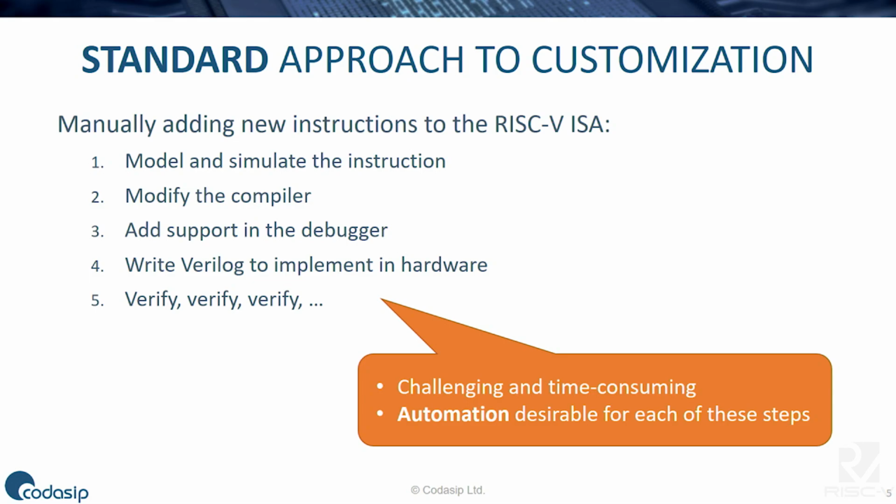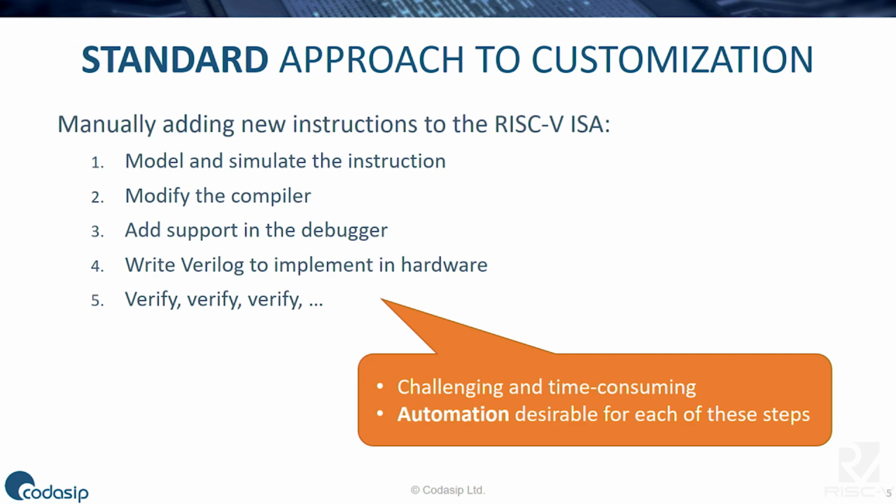Now, if you do customization, it's not that easy, because in the standard approach, if you're adding new instructions, you need to create simulation models and verification models. You need to modify a C compiler so that it understands the new instructions and, in the best case, is actually able to use them automatically.